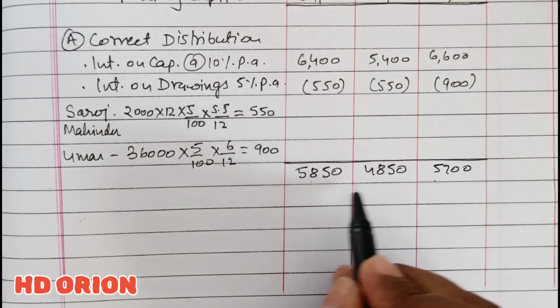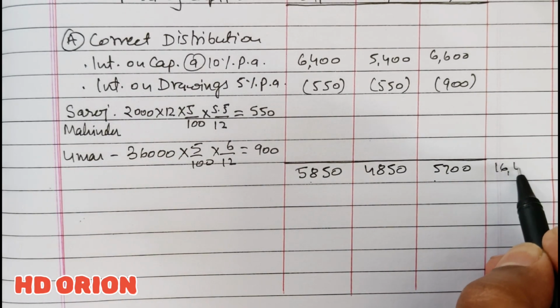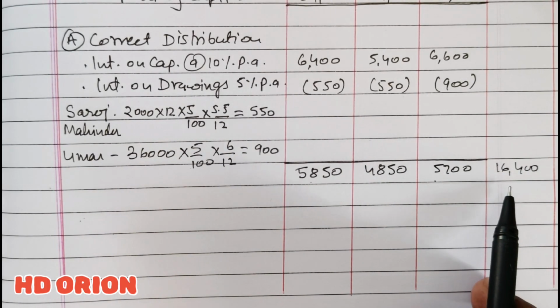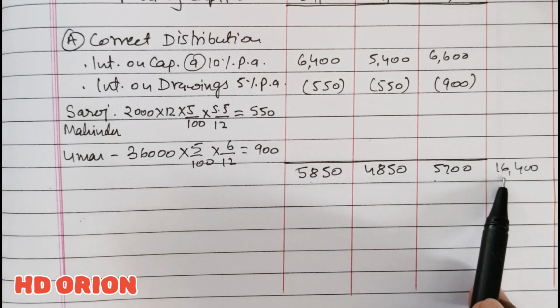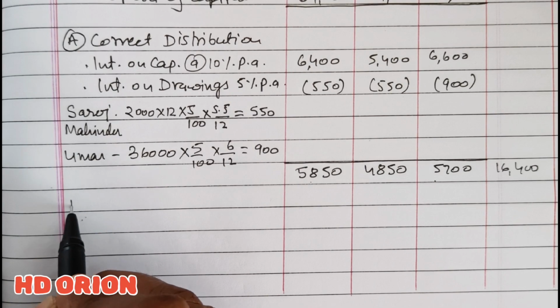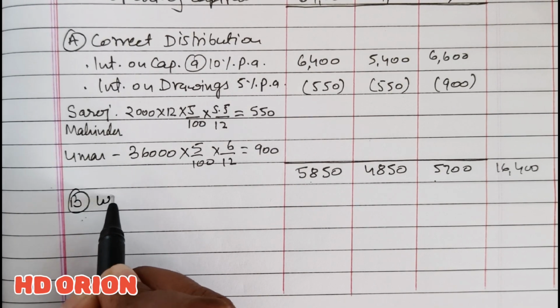Now when you add this, it is 16,400. This is the amount which has been wrongly given to the partners. This is the right amount, this is the correct amount to be given to the partners, but by mistake the total of this, that is 16,400, has been wrongly given to the partners. So wrong distribution.